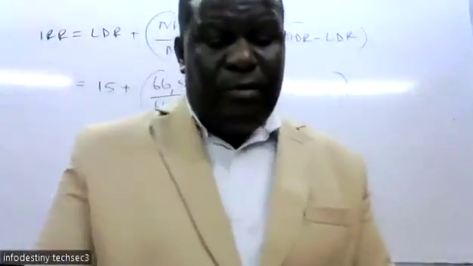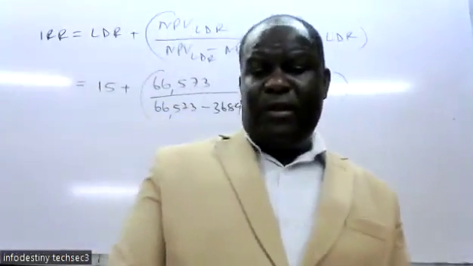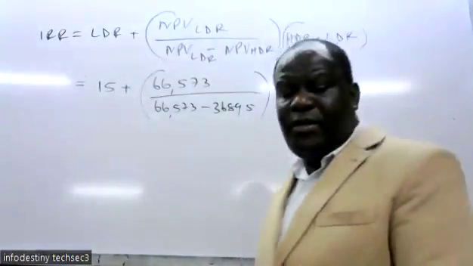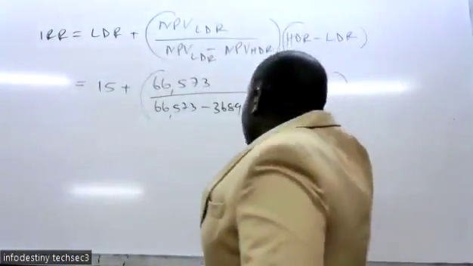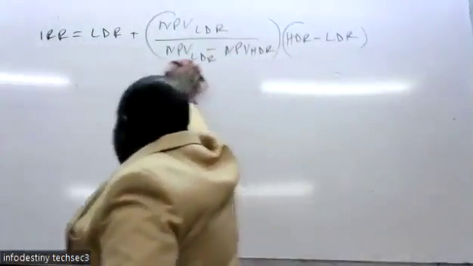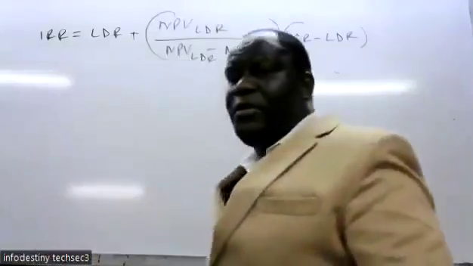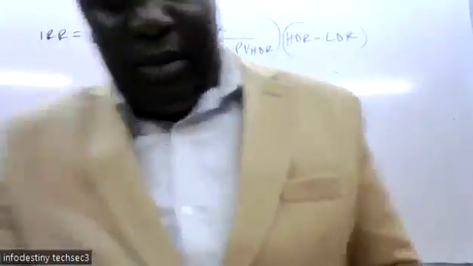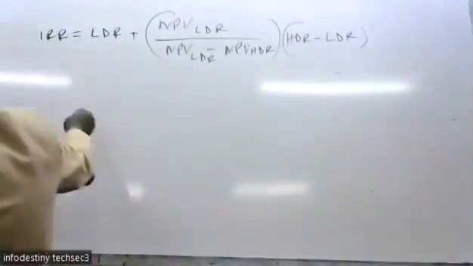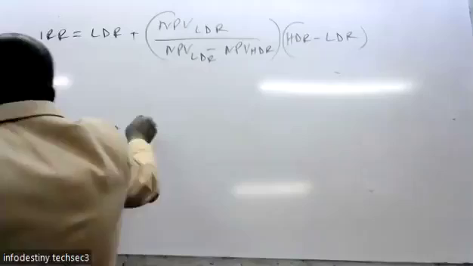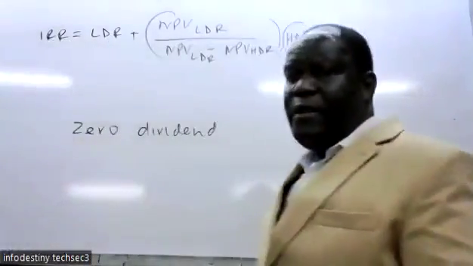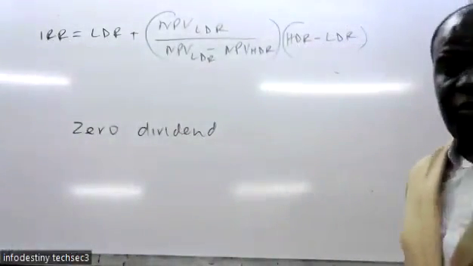Then B will be non-constant dividend growth rate ordinary shares. And finally C will be zero dividend growth rate ordinary shares.